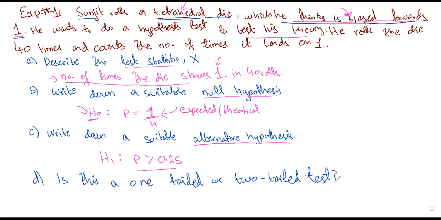I just told you about these terms, and you only need that much, which we have already discussed. A quick hint is that this D part is related to the alternative hypothesis. Now, clearly, here it has been mentioned that it is greater than.